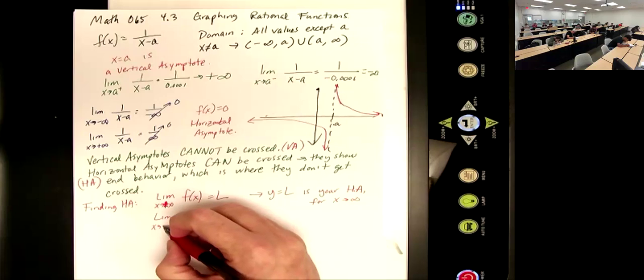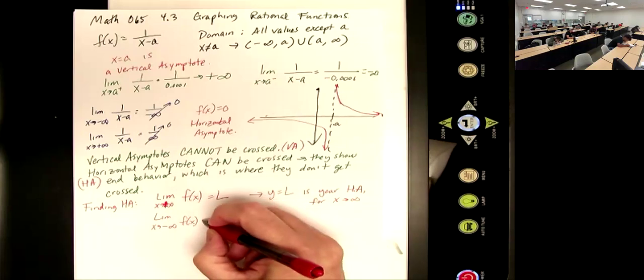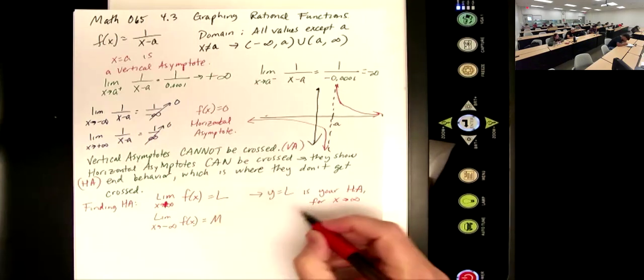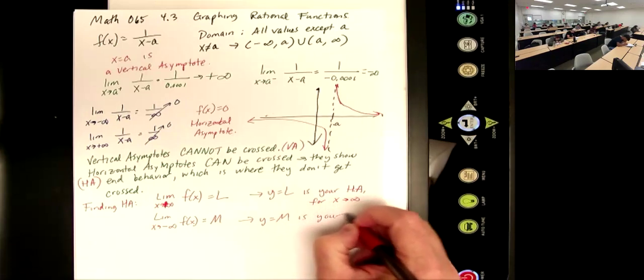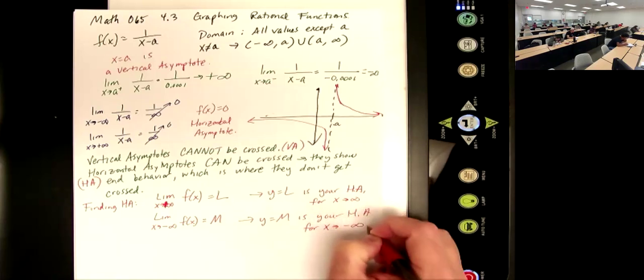And let's say we had a different one, usually this does not happen. But if you had like a piecewise function, it might happen. Then y equals m is your HA for x going to negative infinity.